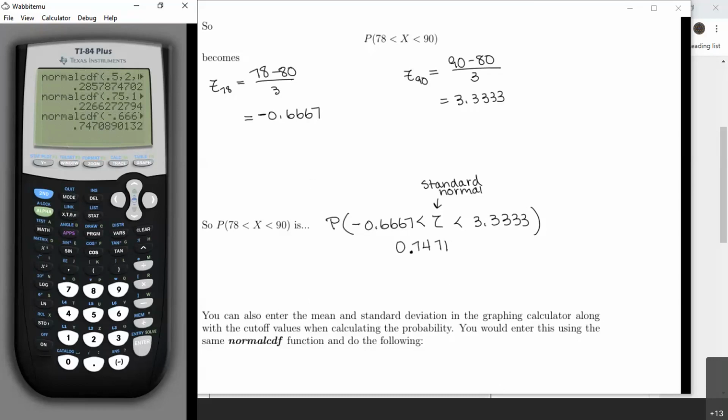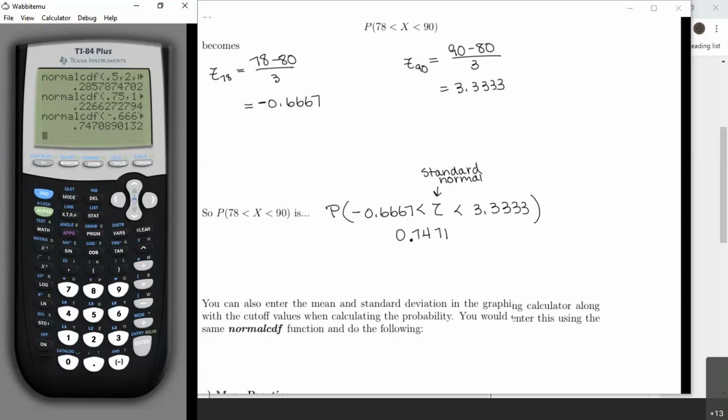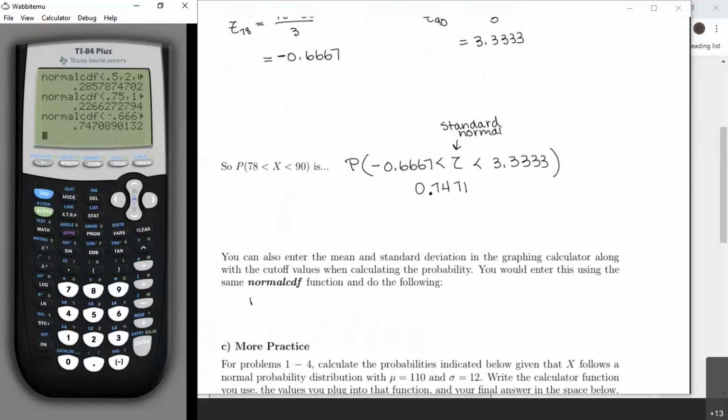But you can also do it with normal CDF using the original mean and standard deviation right in there. So I could do normal CDF, use my low cutoff, which was 78, my high cutoff, which was 90, and put the mean 80 in there and the standard deviation of 3. And I should get the same values.